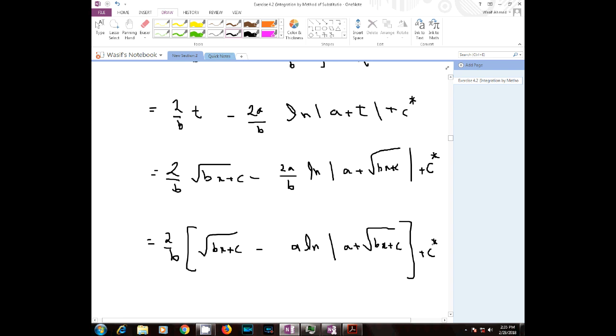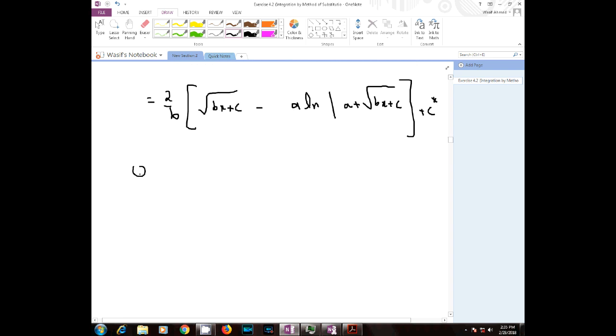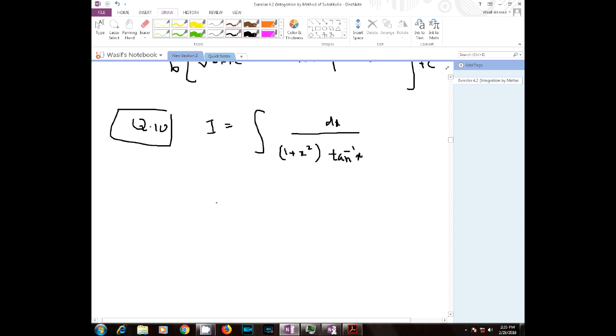The next question is also very simple, question number 10. In this question you have to integrate dx divided by 1 plus x square multiplied by arc tan x, that is tan inverse x.